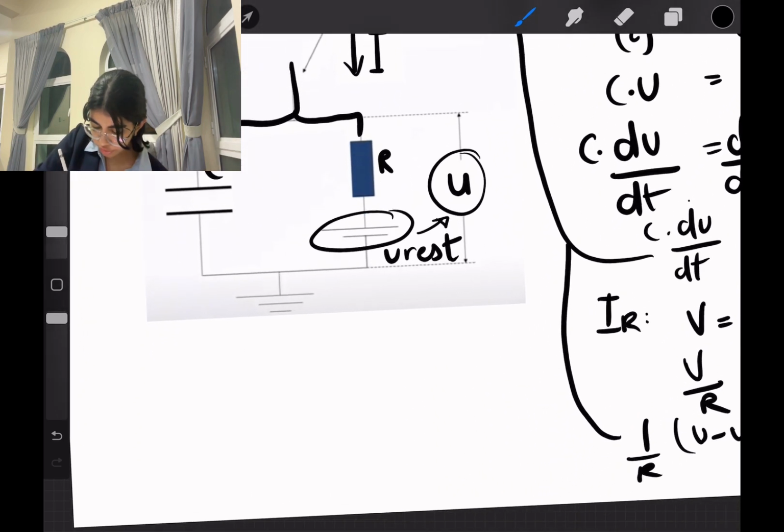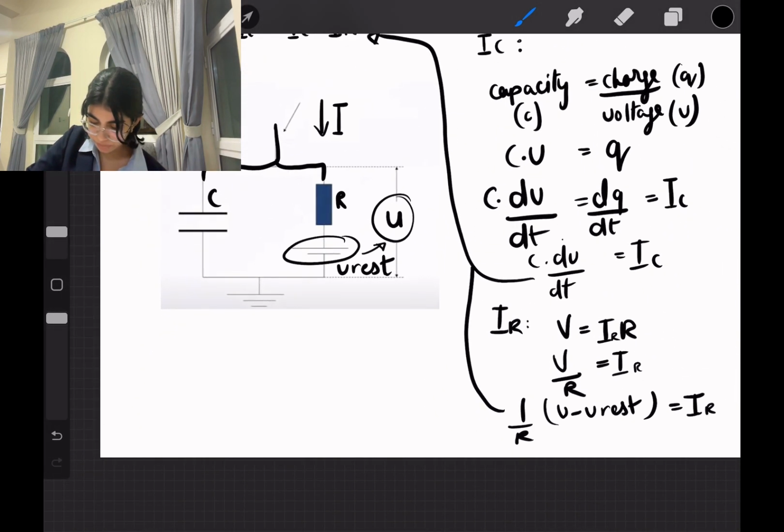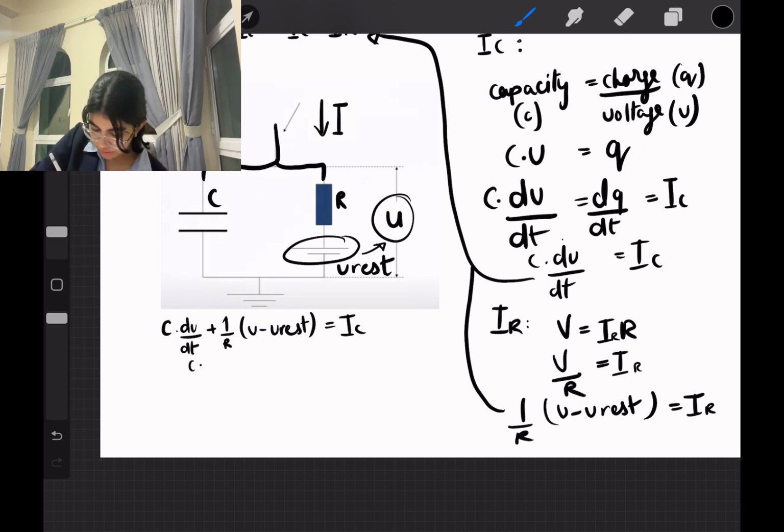So to calculate the total current, we can do C times dU by dt plus 1 by R times (U minus U rest). Let's subtract this and bring it to the other side. So C times dU by dt equals IT, the total current, minus 1 by R times (U minus U rest).